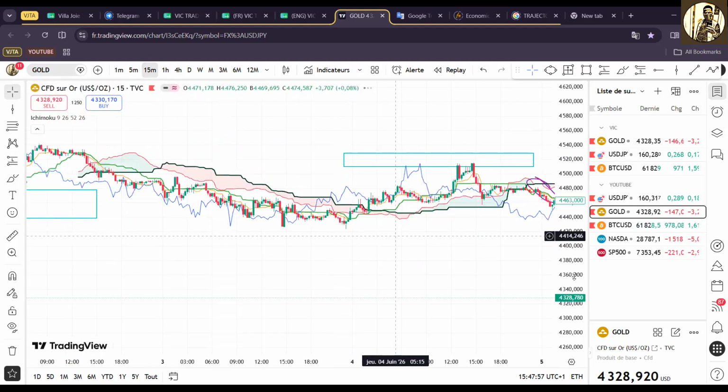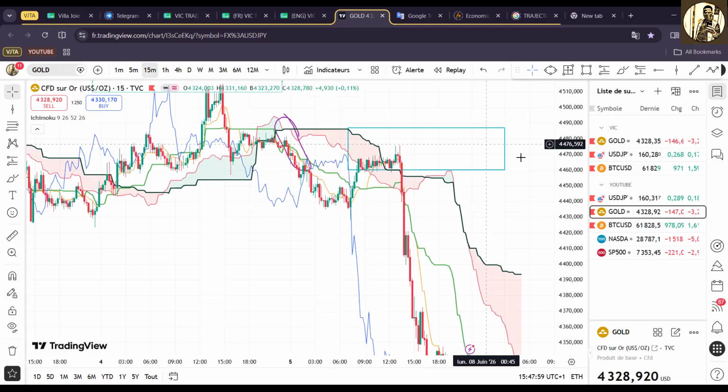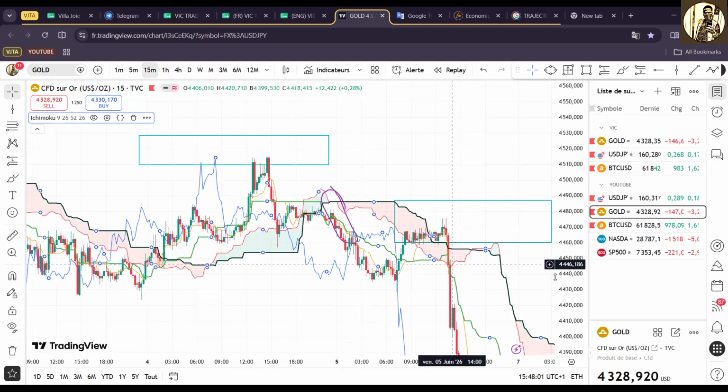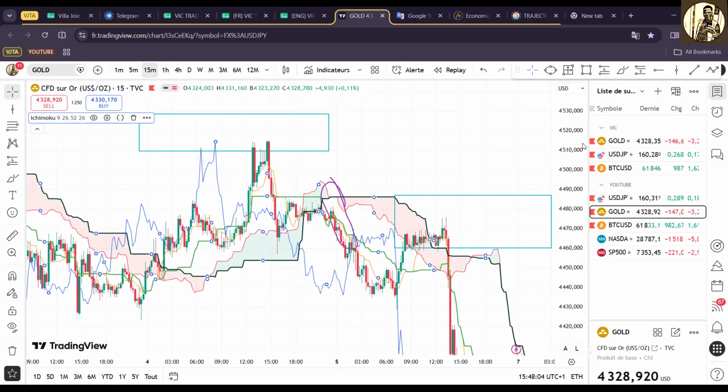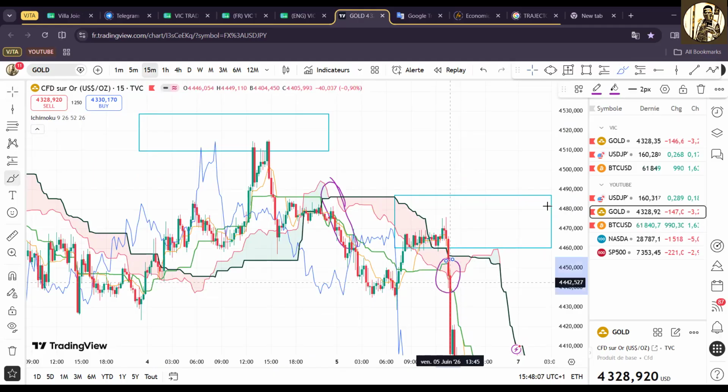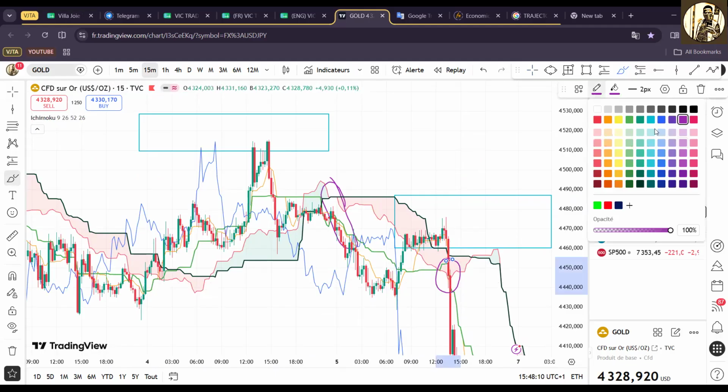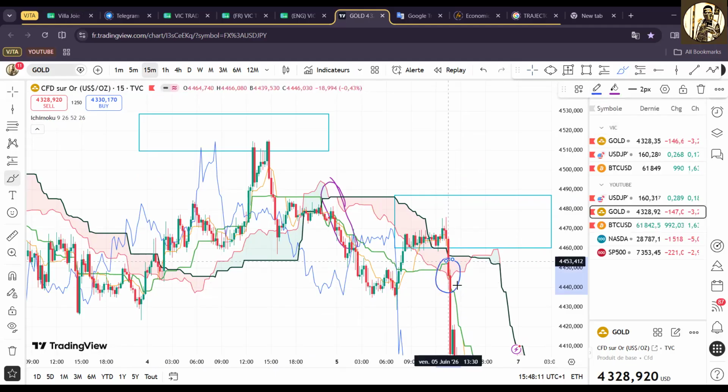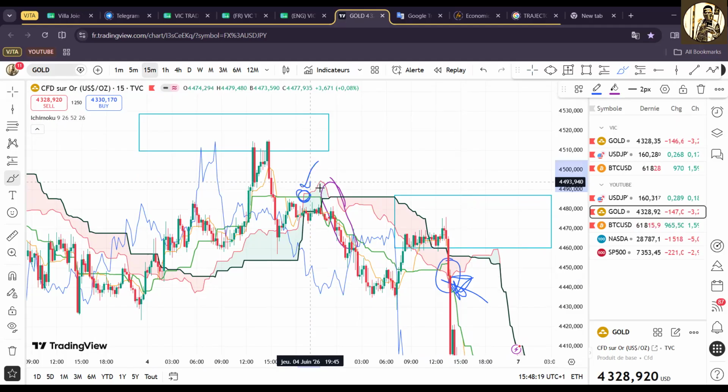And on 15 minutes, what you must see to start selling this Kijun is Kijun and SSA crossing down each other on 15 minutes, crossing toward the downside. That's when you can start saying, okay, let us sell this Kijun.